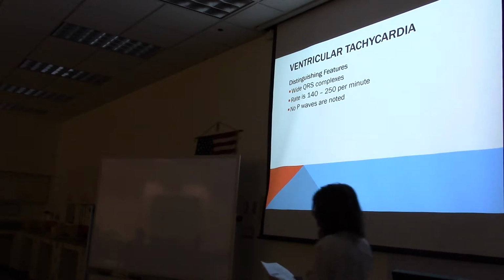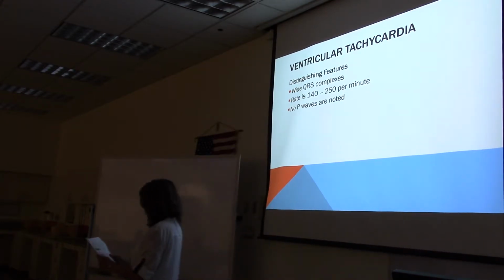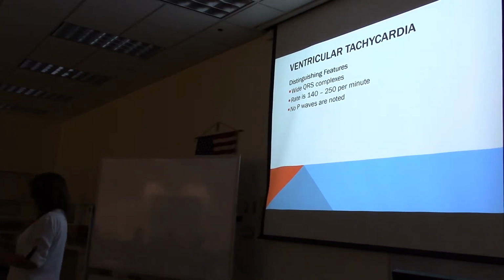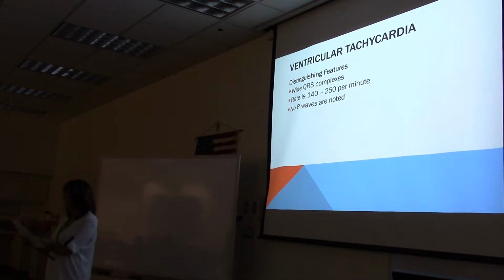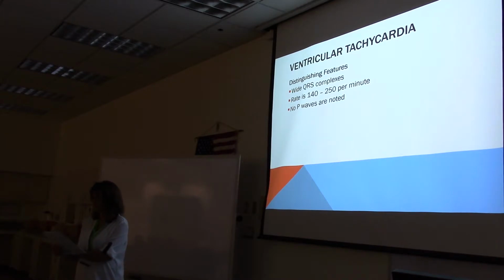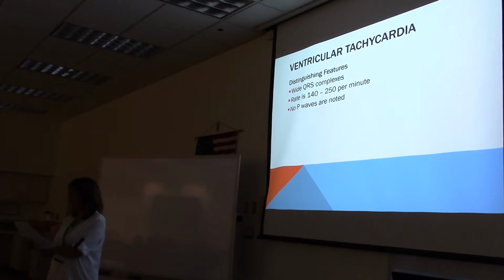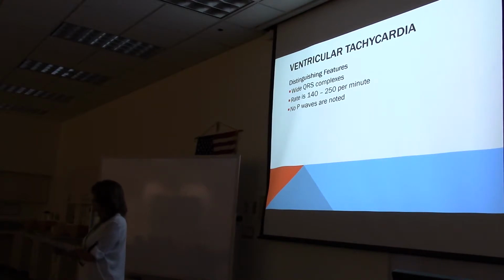I didn't give you the notes on PVCs. PVCs are caused by an irritable ventricle, such as hypoxia, MI, low potassium, low K, or acidosis.